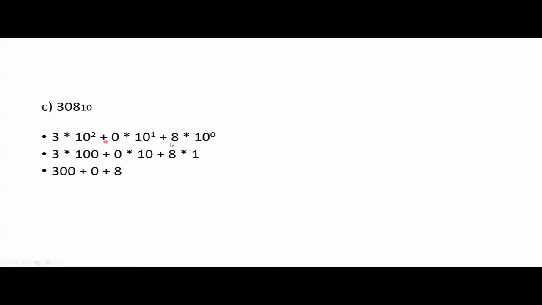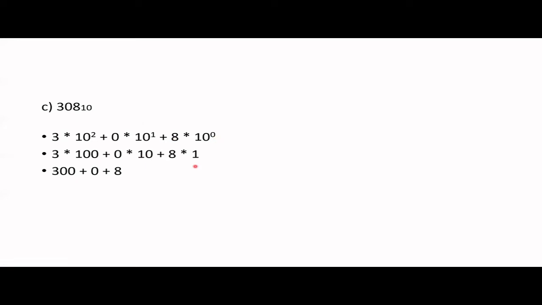308. Again, the base is 10. So 10 to the power 0, 10 to the power 1, 10 to the power 2. The numbers are 3, 0, and 8. So here 3 into 100, 0 into 10. 0 into anything is 0, so don't worry about it. And 8 into 1.